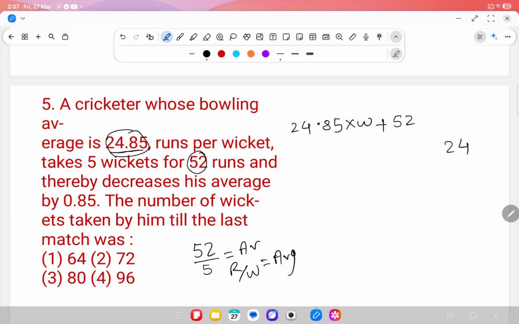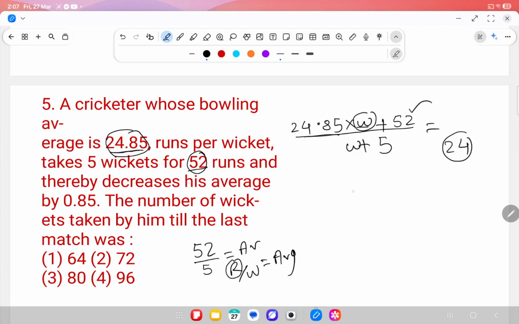It is for bowlers. So runs is equal to what? Average into wickets. Here it is directly runs whole divided by total number of wickets. Here we don't know, so W plus 5. This should be equal to 24, because of the last 5 wickets, the average went down to 24. So now if you solve this, we'll get the W value.